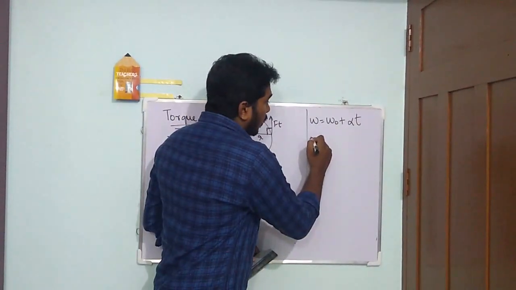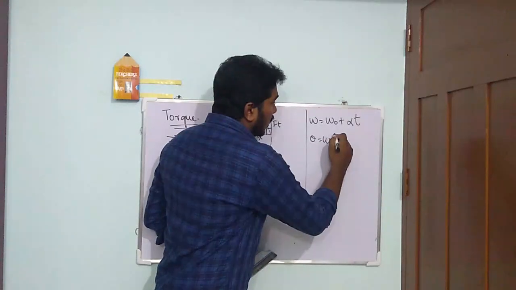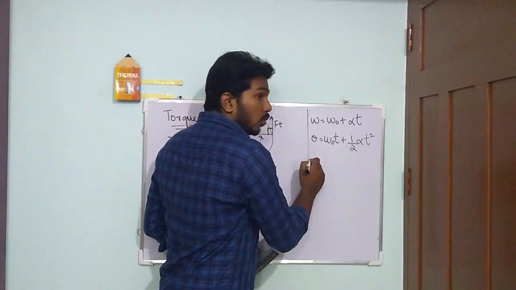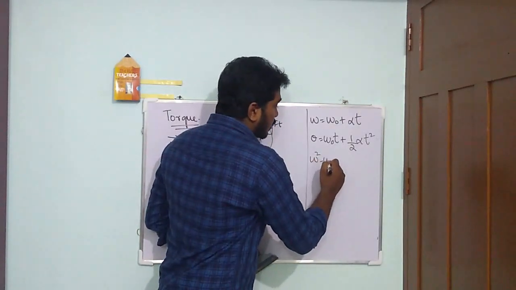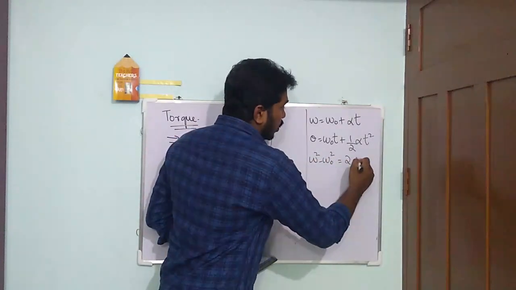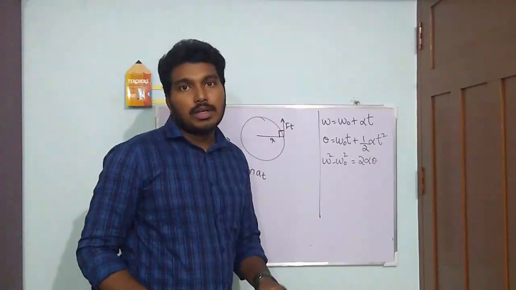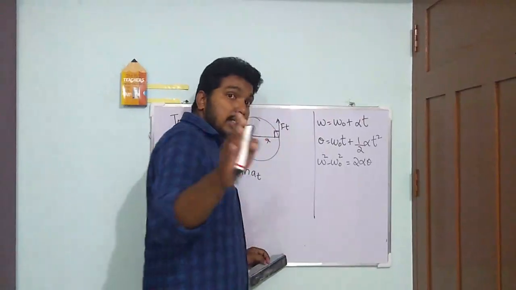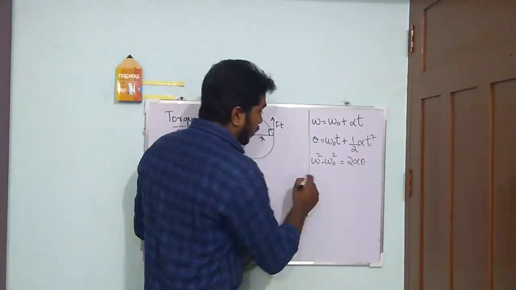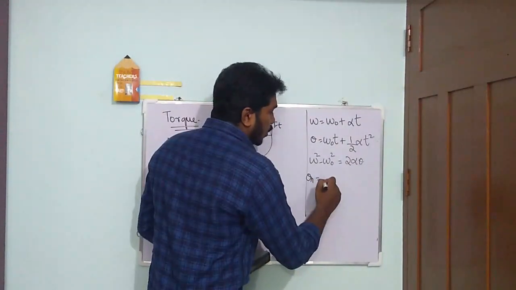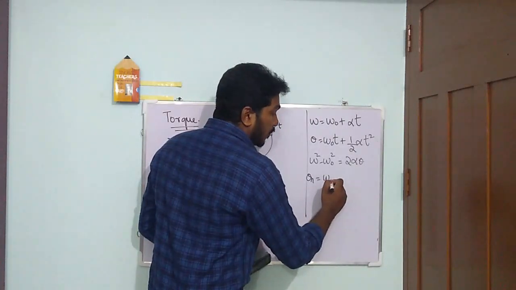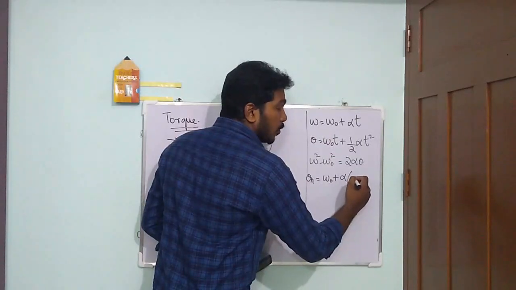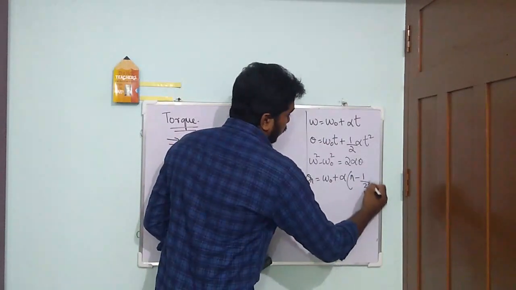Two, theta is equal to omega naught t plus half alpha t square. Third, omega square minus omega naught square is equal to 2 alpha theta. And also, the angular displacement in the nth second: theta n is equal to omega naught plus alpha into (n minus 1 by 2).